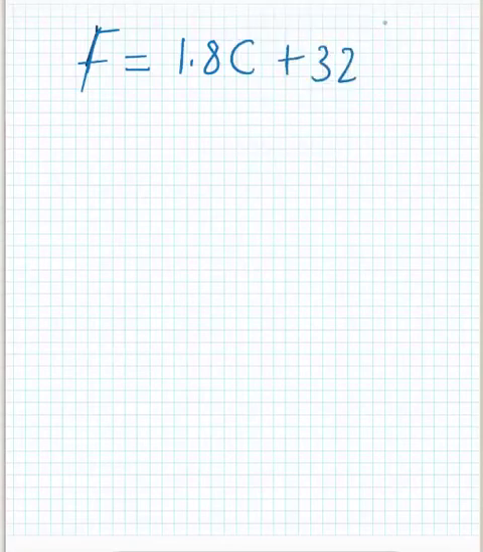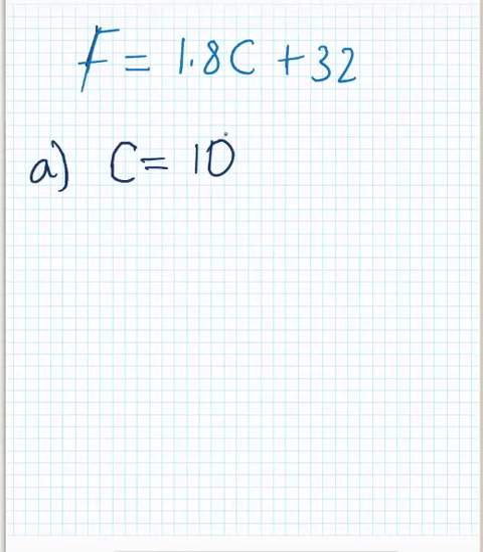And for A, it says, what is the temperature in degrees Fahrenheit if it is 10 degrees Celsius? So if Celsius in degrees is equal to 10, all you got to do is sub it into the equation. So instead of C here, I'll have 1.8 times C. And it will tell us what the temperature is in Fahrenheit. Let's have a look. So F is equal to 1.8 times 10 plus 32.